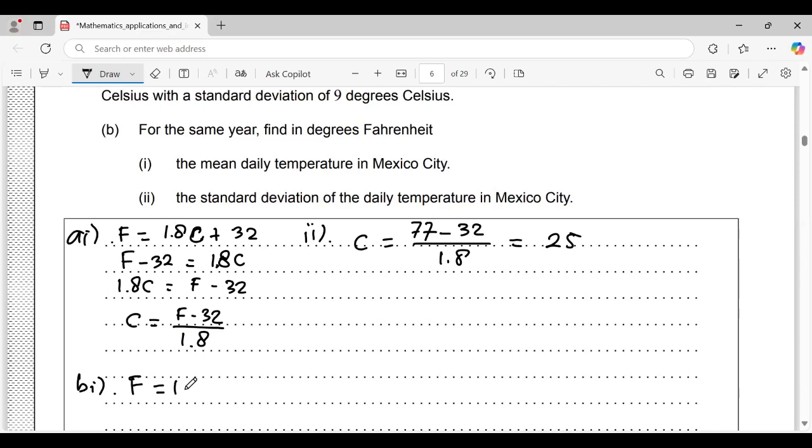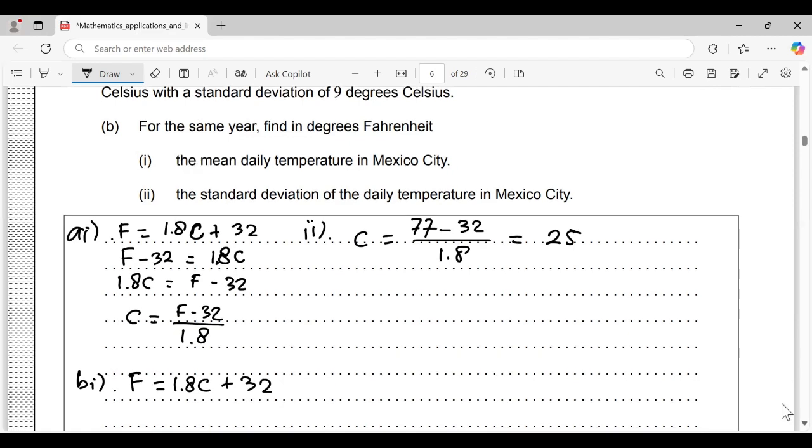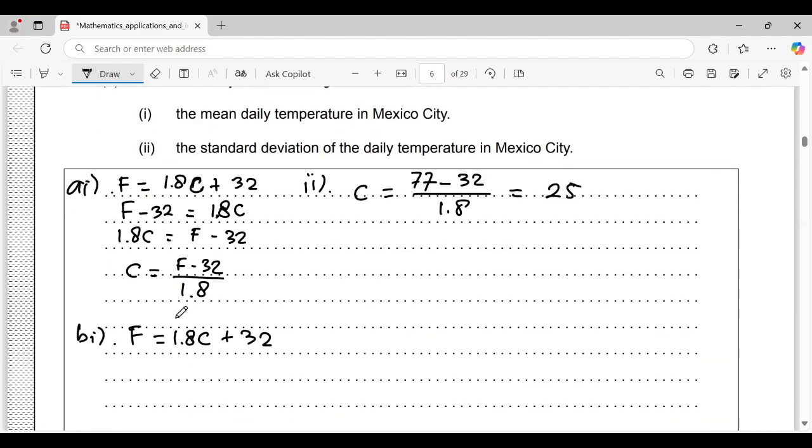F equals 1.8C plus 32. If C equals 17, it becomes 1.8 times 17 plus 32, and it is 62.6.